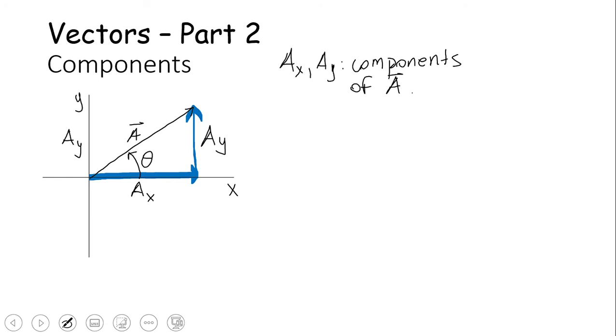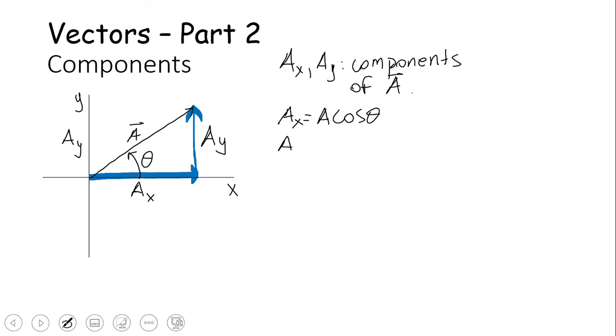And we know very well how to work with a right angle triangle. So we can write down in two lines how to express the a sub x and a sub y components in terms of a and the angle theta. For a sub x, because it is adjacent to the angle, we know that it's given by the magnitude of a times the cosine of theta.